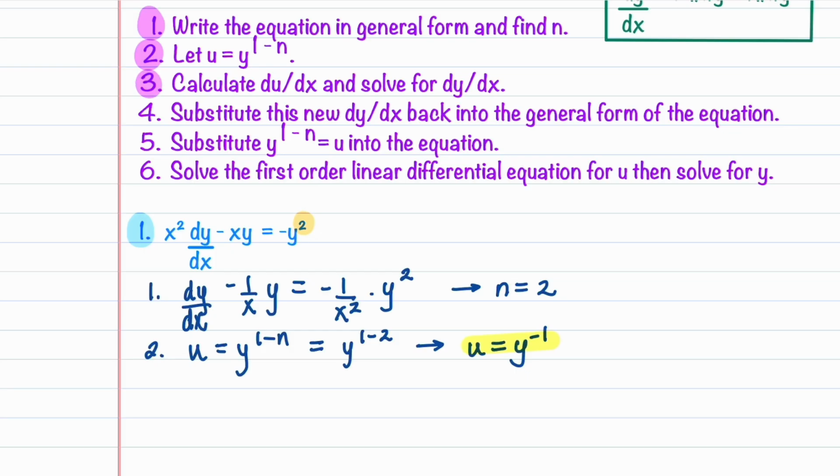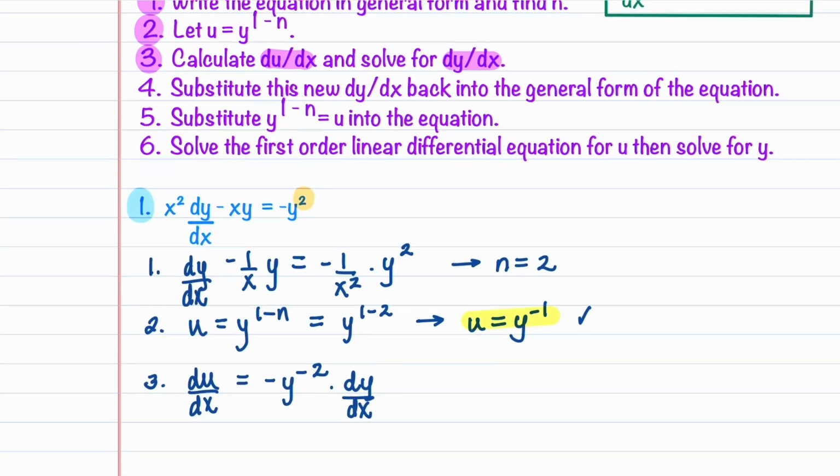The third step is to calculate du dx and then solve for dy dx. That's so that we can change our equation to an equation in terms of u. Du dx is equal to minus y to the minus 2, looking over here on the right to the highlighted expression, and then we have to multiply this by dy dx.